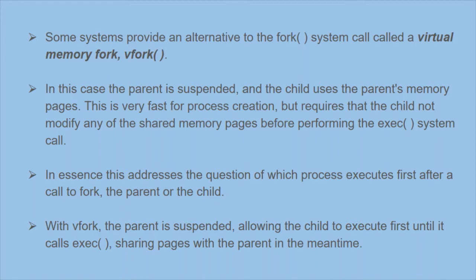In essence, this addresses the question of which process executes first after the call to fork, the parent or the child. With vfork, the parent is suspended, allowing the child to execute first until it calls exec, sharing pages with the parent in the meantime.